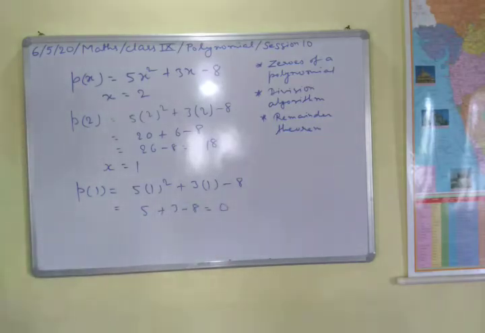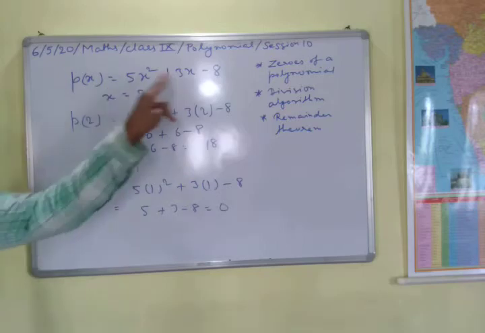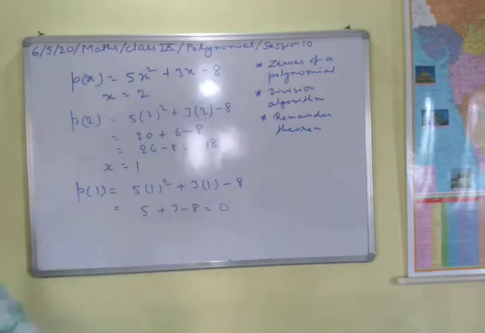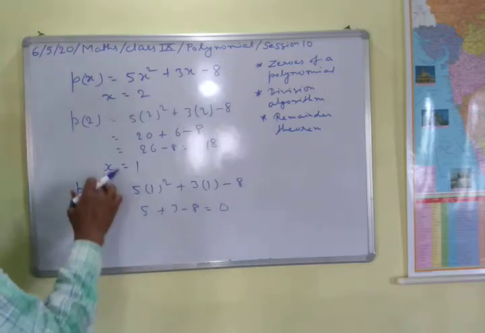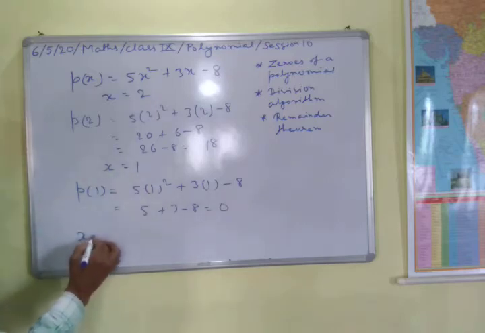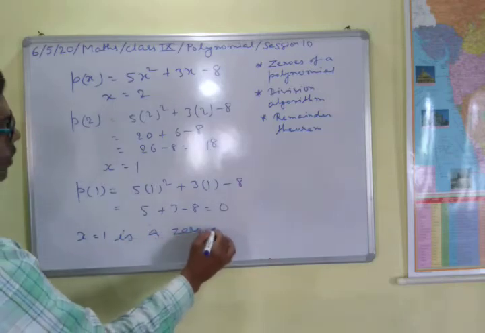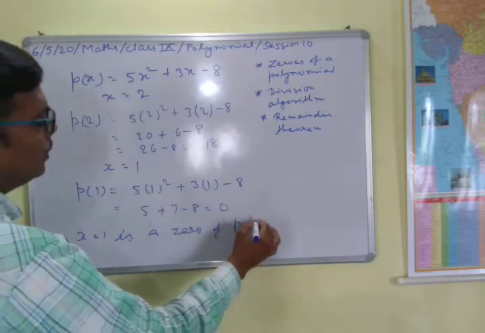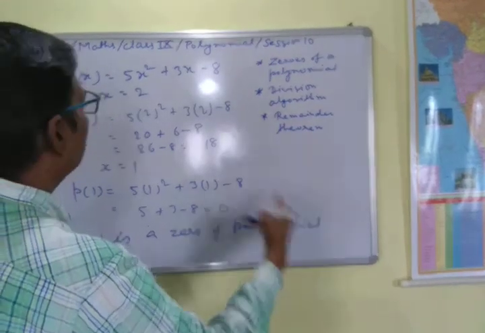Now see here the difference. In this case, when we put x equal to 1, we got the value of this expression as 0. So here we will say that x equal to 1 is a zero of the polynomial p(x).